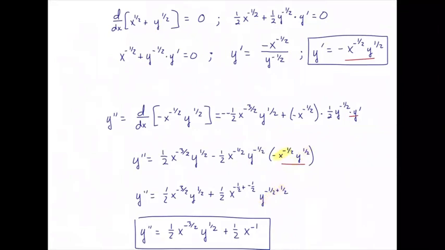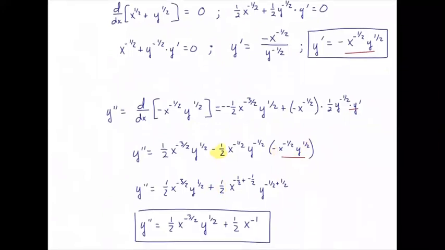And then this product is going to be x to the negative 1 when we add those two negative 1/2s together. This coefficient of negative 1/2 is multiplied by this negative sign, so this becomes a positive 1/2 here. And it looks like this term stays the same. Yep, that's true. So when we're all done with this, our second derivative looks like this.